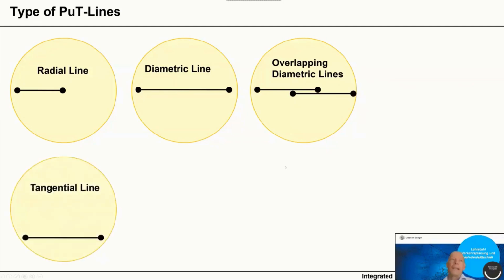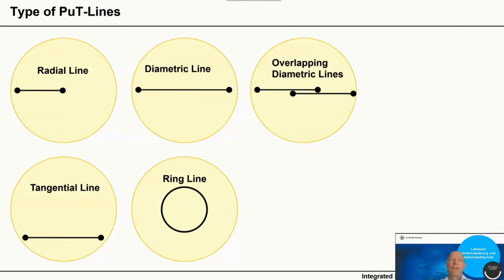Well, then you have tangential lines. We have, in some places, ring lines. And you know famous ring lines, for example, the Circle Line in London, or in Berlin, the S-Bahn ring.